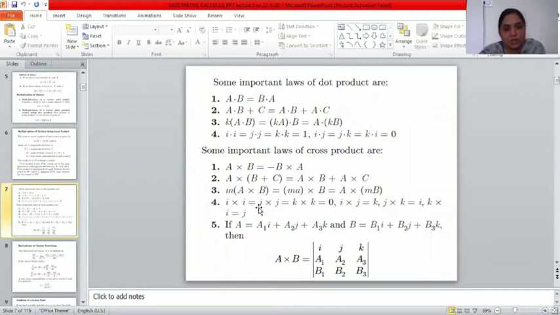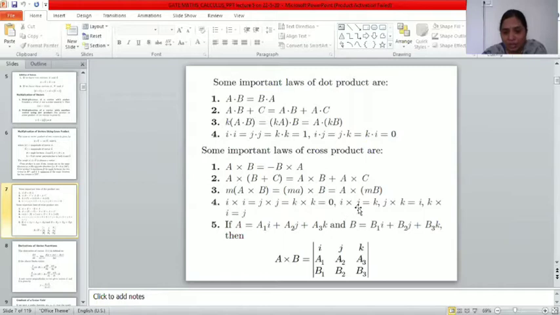Next, the cross product of same vectors is 0. Remember, the dot product of same vectors is 1, but the cross product of same vectors is 0, and the dot product of different vectors is 0, but for the cross product of different vectors you have to think here.